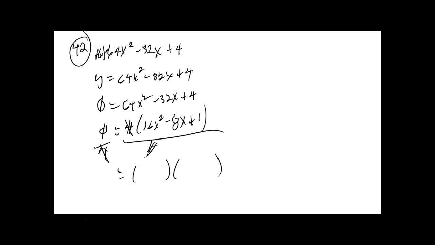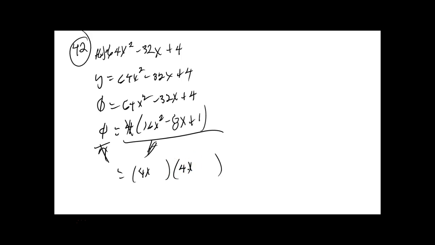You want me to save us a little time? Okay. One thing to note here, this first term is a perfect square, isn't it? And the last term is a perfect square. So what I would try first would be a set of perfect squares. Let's try 4x and 4x.